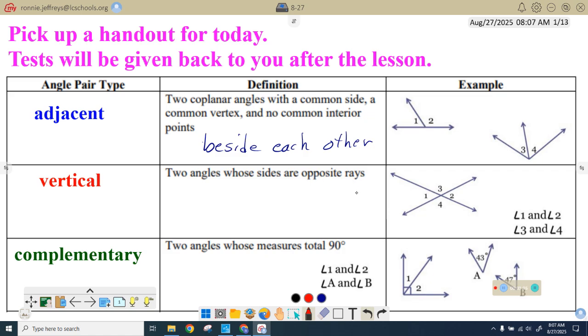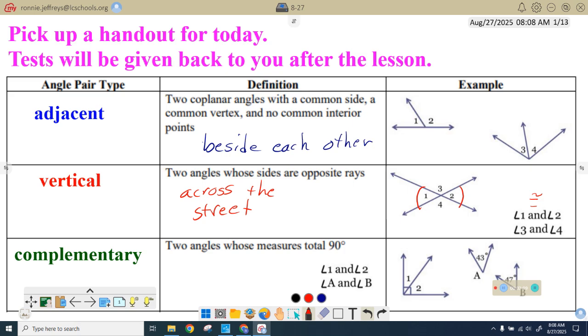All right, vertical. To me, these are across the street from each other. Our vertical angles here, angle 1 and angle 2, we're going to put an arc on angle 1 and angle 2 because that means these are congruent.